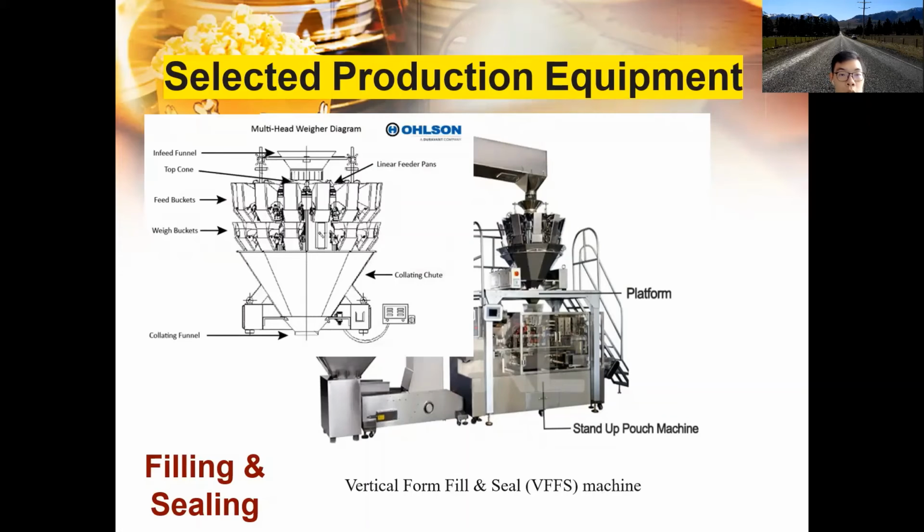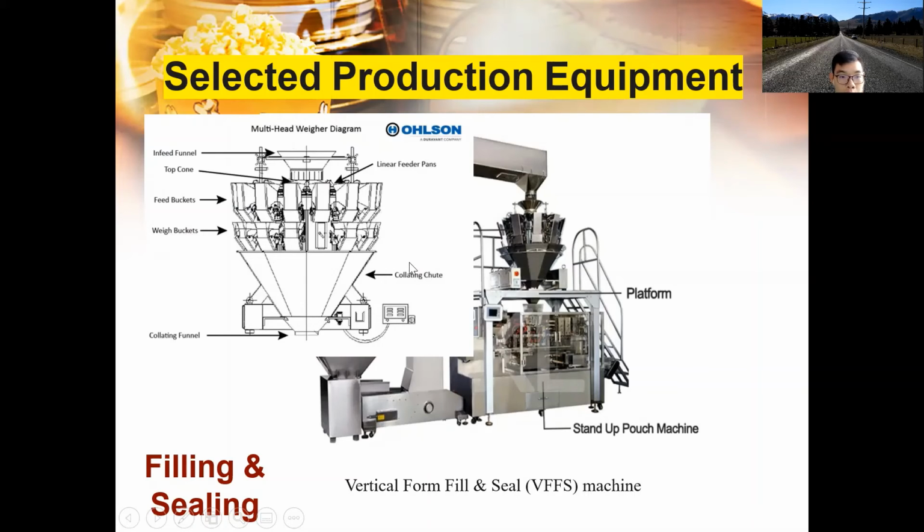So let's see how the multi-head weigher functions. This is a diagram. When the popcorn is poured into the funnel, each compartment contains a weighing scale. The feed buckets fill the popcorn into the weight buckets. At every interval, some of the popcorn is released into the weight basket from the feed basket.